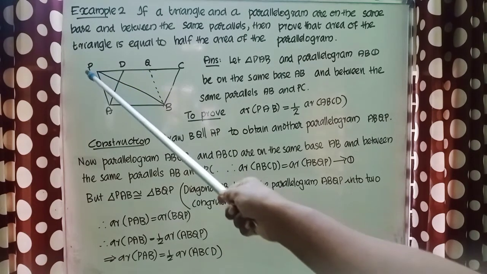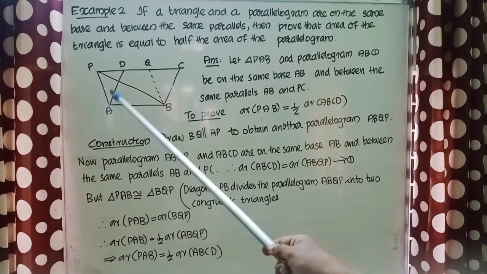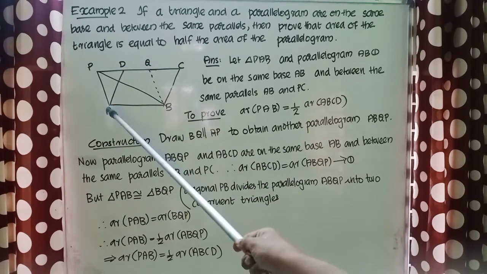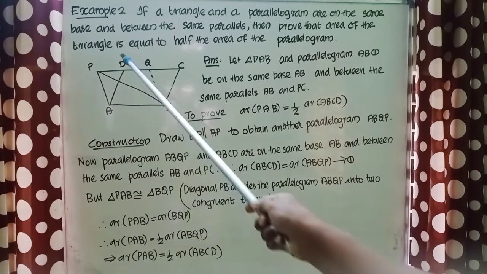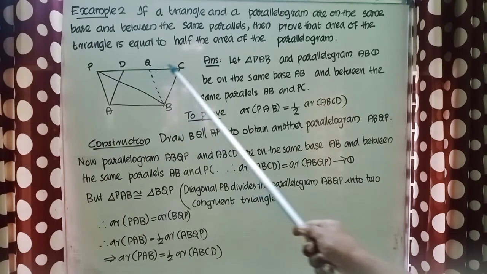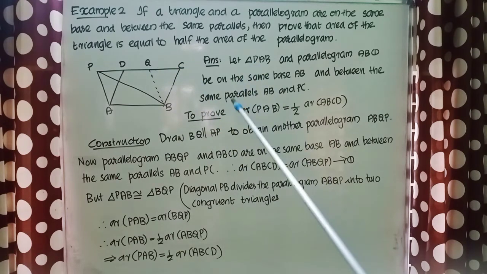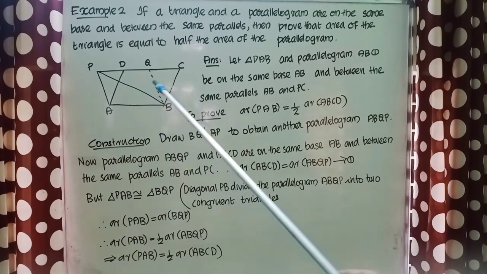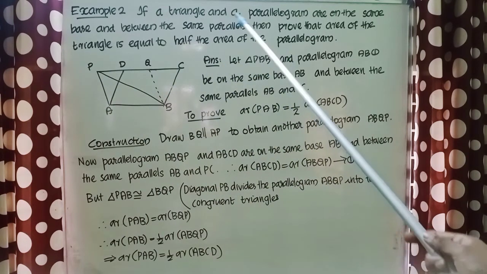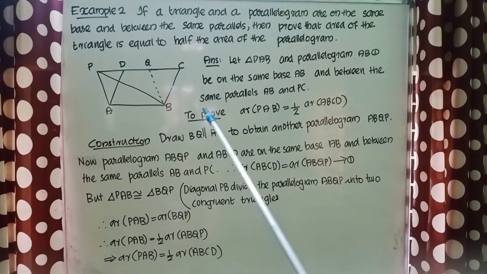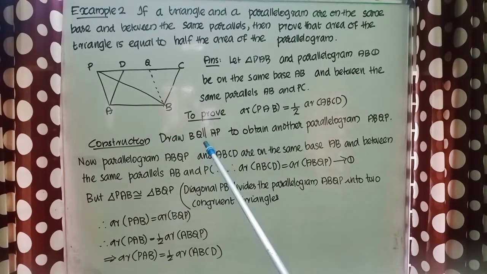Here this triangle PAB and parallelogram ABCD are on the same base AB and between the same parallel lines AB and PC. We need to prove area of this triangle PAB is equal to half the area of the parallelogram ABCD. Here we are going to do a construction.